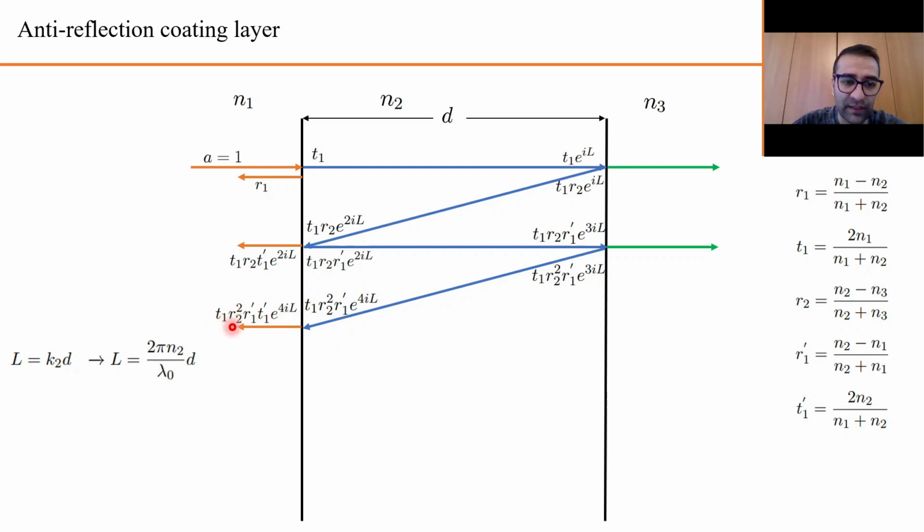And it will be T1 R2 squared R'1 T'1 exponential of 4iL. And for the reflected light from here, again, we need to multiply this amplitude with some R'1. Therefore, this R'1 will be R'1 squared, and the other terms are the same.